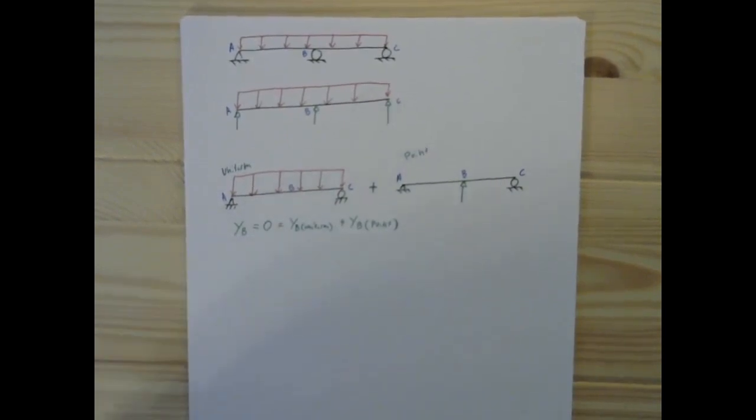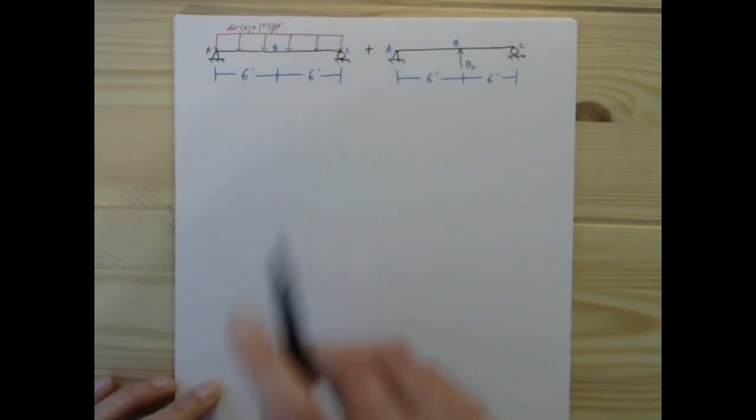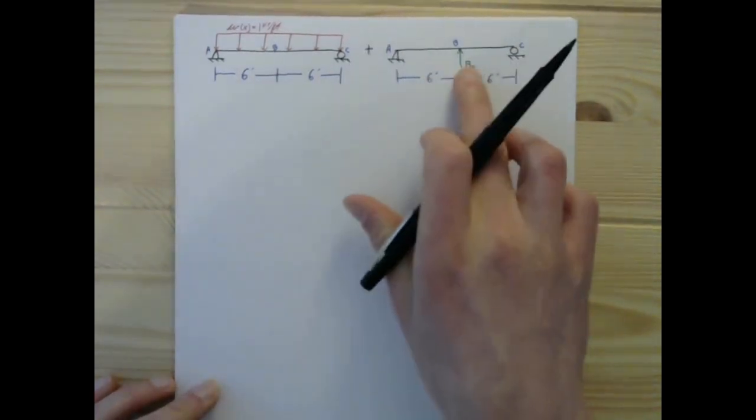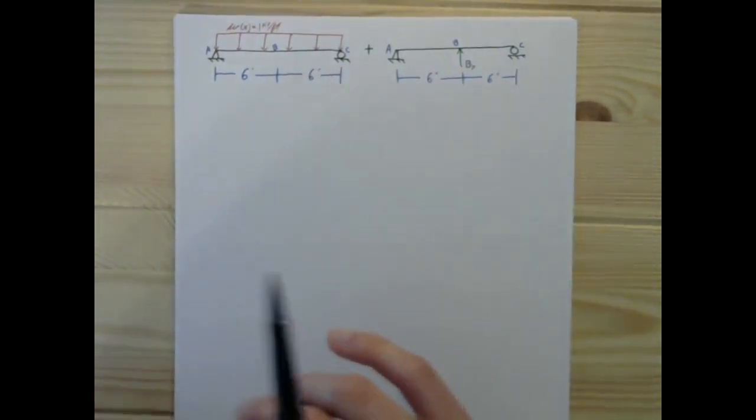So let's solve this problem using this approach of superposition. Should be slightly easier this time. We're working on the same problem as before, but now we're breaking it down into two pieces. This one and this one. Now we do need to consider them completely separately.